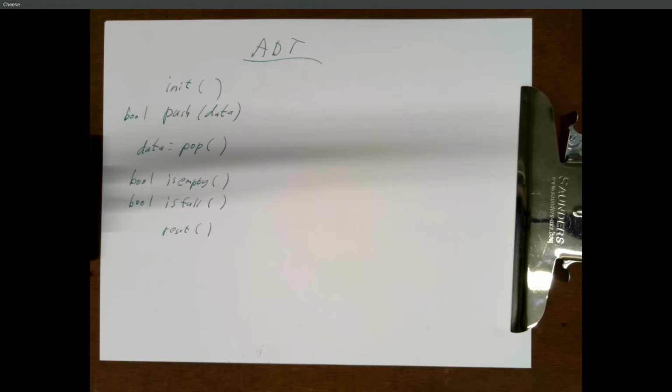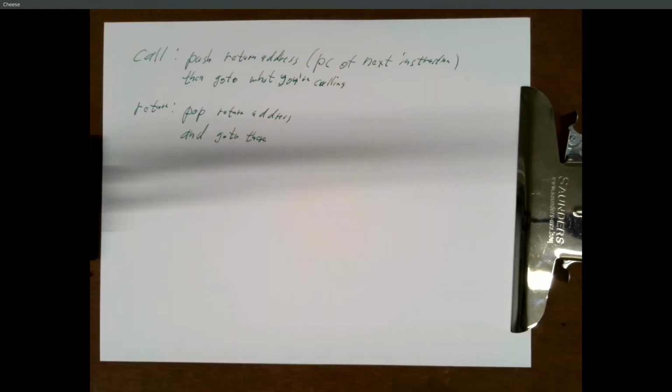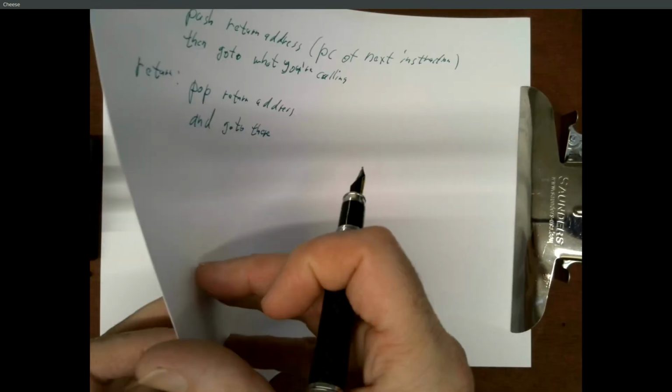So if that's how we want the user to interface with our stack, we can start looking at how we implement a stack in, say, C. And there's two approaches we can think about. The first one we can implement using an array.